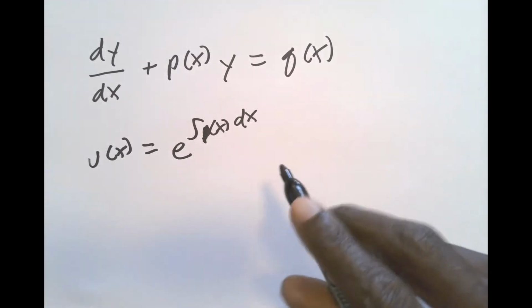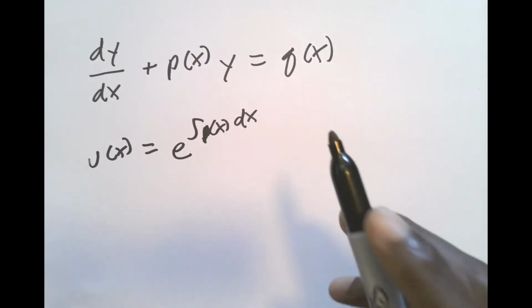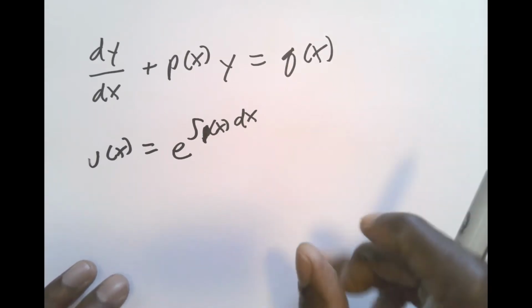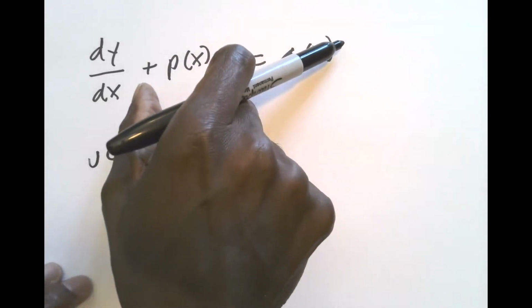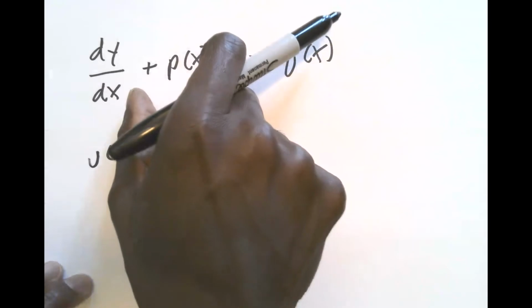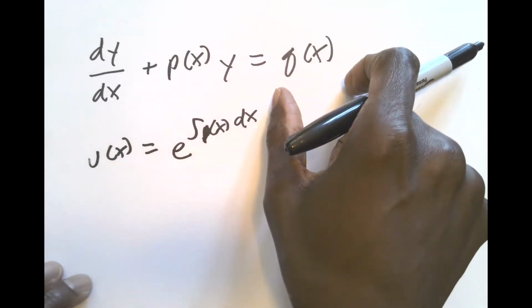I'm going to multiply everything in this equation by e to the power of the integral of p(x) dx. And just be careful about signs here, because some books will put the p(x) y term on the other side of the equation, or some problems may have p(x) moved over there.